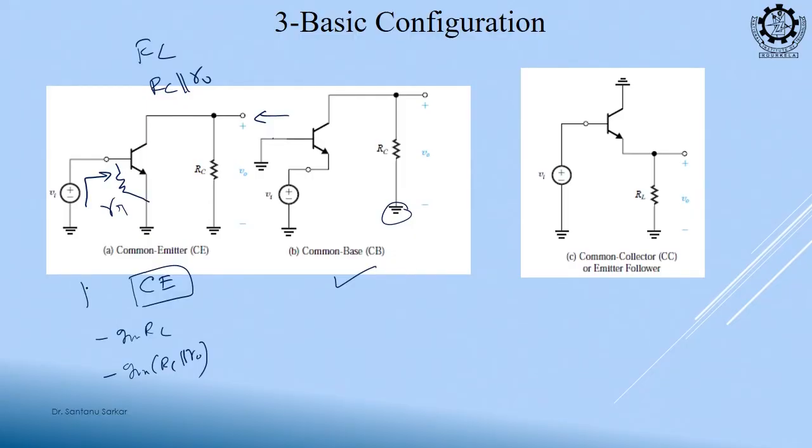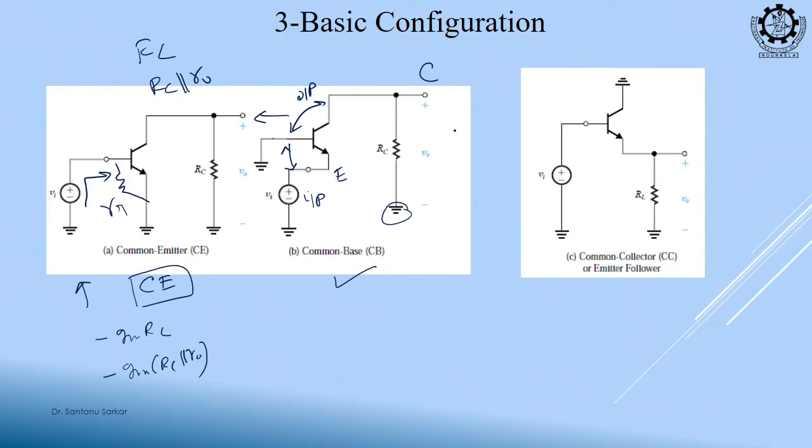If we consider R naught, what will be the gain? Okay, this is done. Now, you see in the common base, where is the input? Input is at the emitter terminal. The base is common to the input and base is common to the output. So, in both of these cases, output is taken from which terminal?